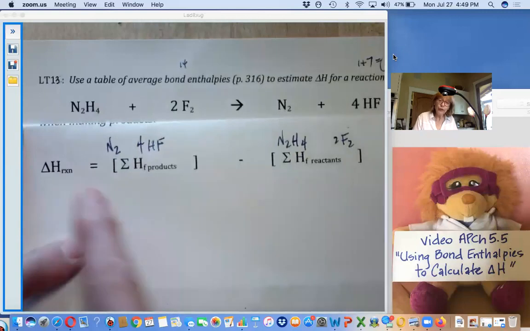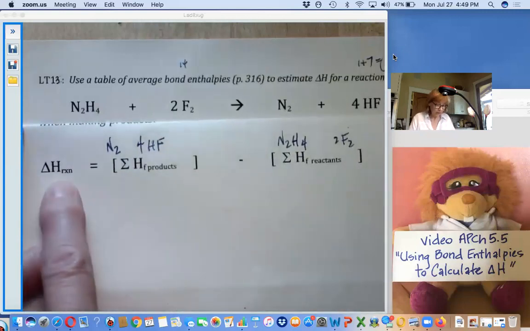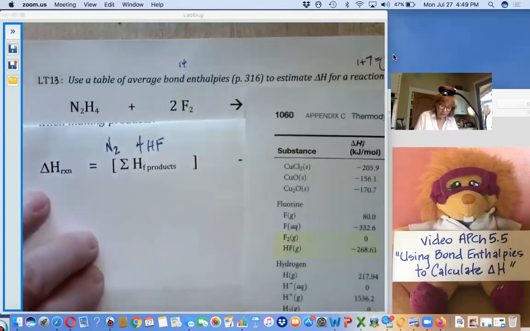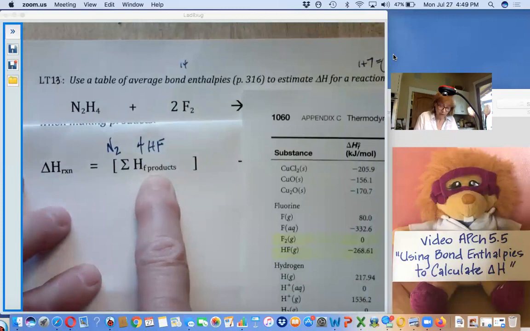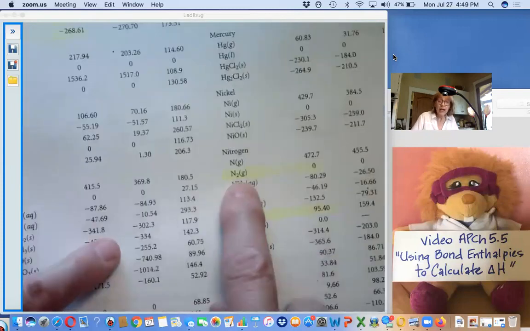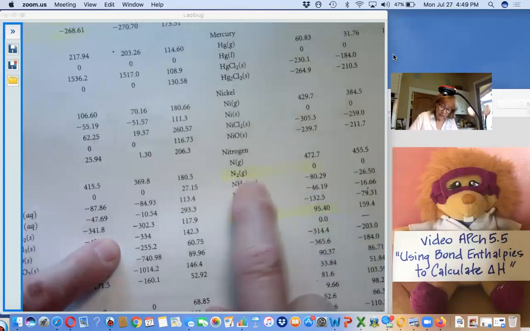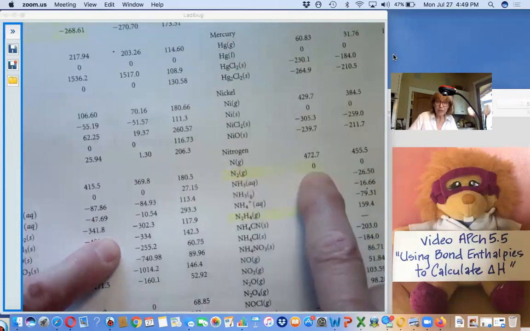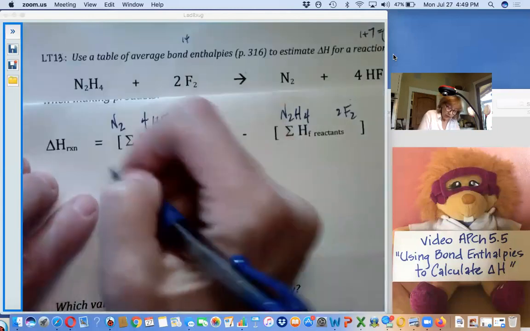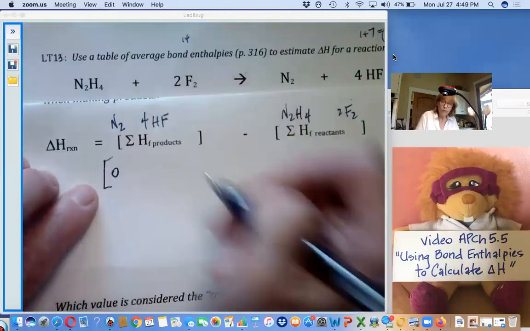Okay, so if we're using this method for calculating enthalpy of reaction, we're going to add up the heats of formation of our products, starting with nitrogen. And remember that elements in their elemental forms have heat of formation of 0. So we're going to start with 0.